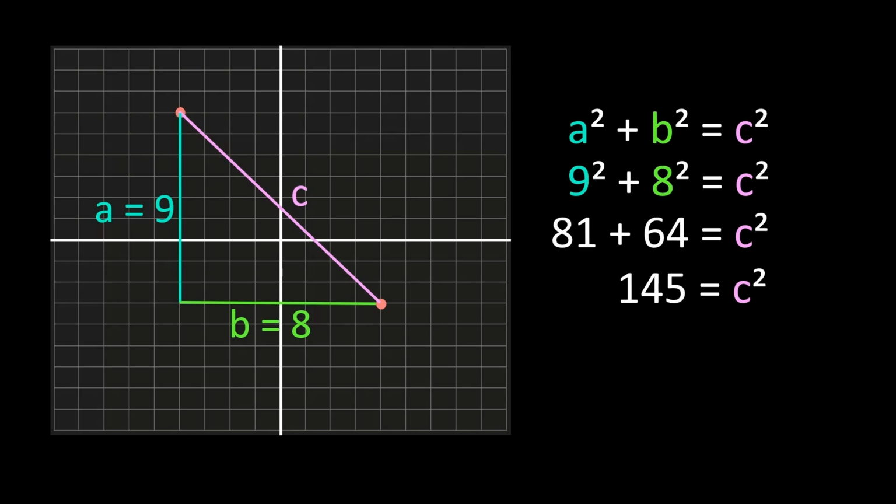And to solve for c, we have to take the square root. And if I take the square root of the right-hand side, I have to take the square root of the left-hand side. So the square root of c squared is c, and the square root of 145 is 12 and 400ths. So the distance between those 2 points is 12 and 400ths.